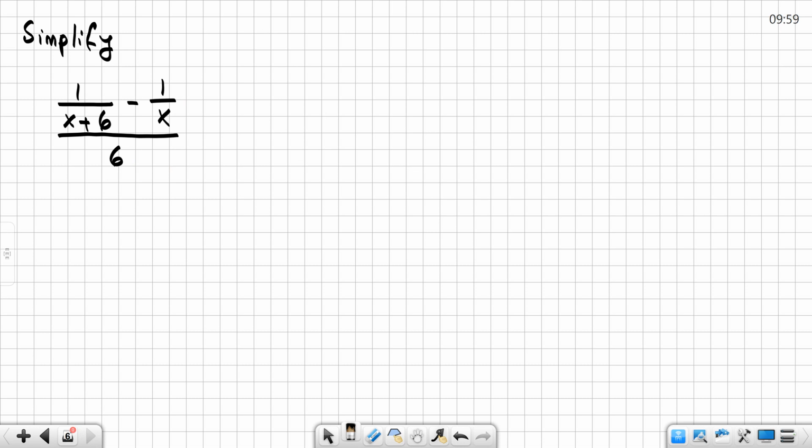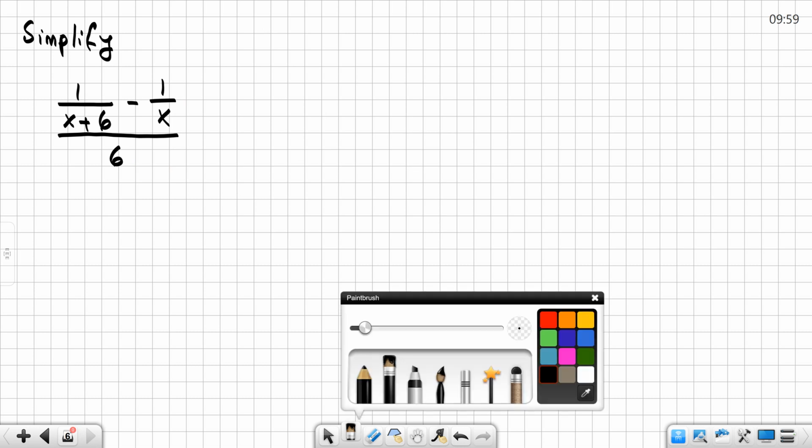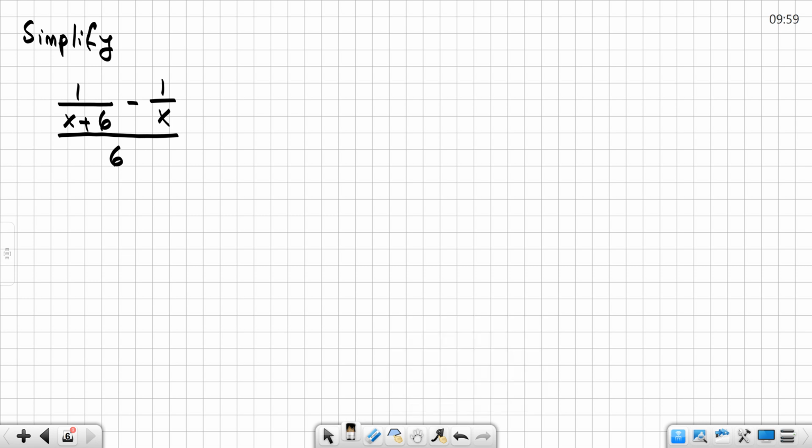1 over x plus 6 minus 1 over x, divided by 6. So again, least common denominator. I'm looking at my first denominator. There is an x plus 6. I look at my second fraction. There is a factor of x that has to come.